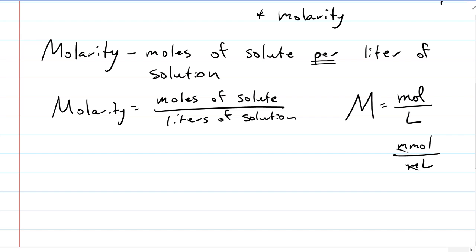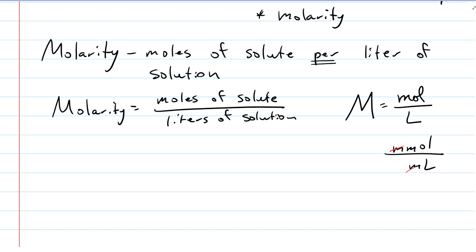And of course, milli would cancel out. Or we could also use it as a kilomole over kiloliters. Of course, we don't use kiloliters a whole lot in here, but we may wind up using millimoles and milliliters a whole lot. So it's the same unit because, again, milli over milli is going to cancel out, leaving us with moles per liter. So the units there are alike.